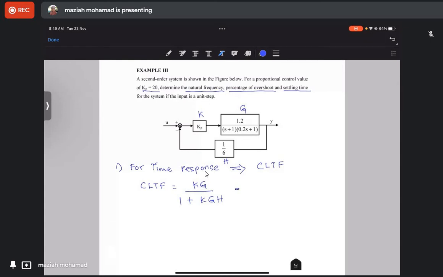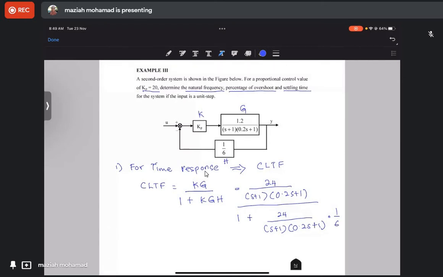So KG is 24 over (s plus 1) multiplied with (0.2s plus 1), divided by 1 plus 24 multiplied with (s plus 1)(0.2s plus 1), multiplied with H, which is 1.6.